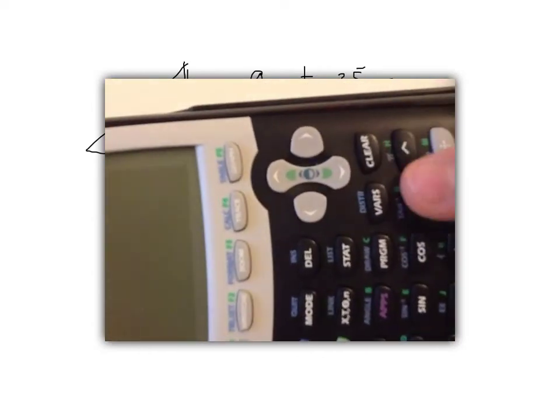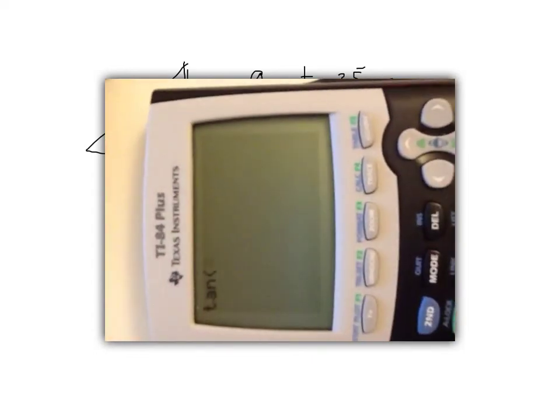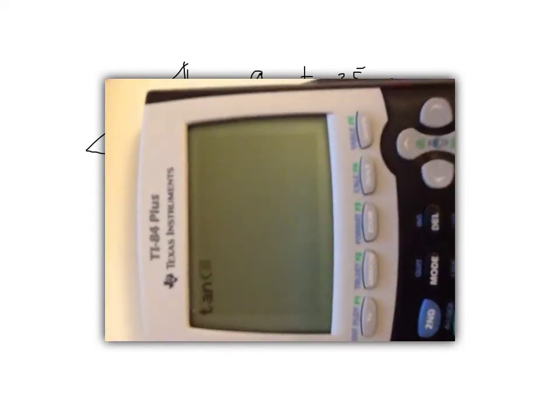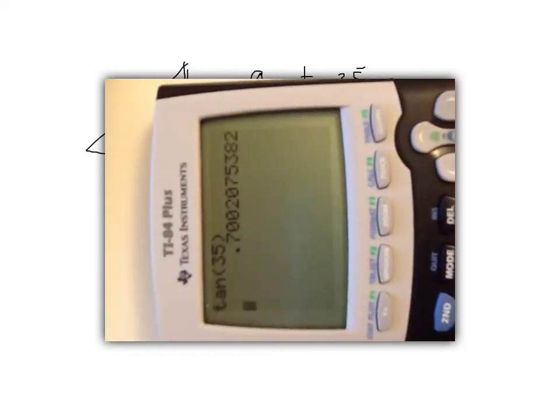Let's check this out quickly. Here's my calculator. So here we are. Now if I just press tan, the tan key is here, and what is the angle that I need to know? It's 35, so just put 35 here. I get this.